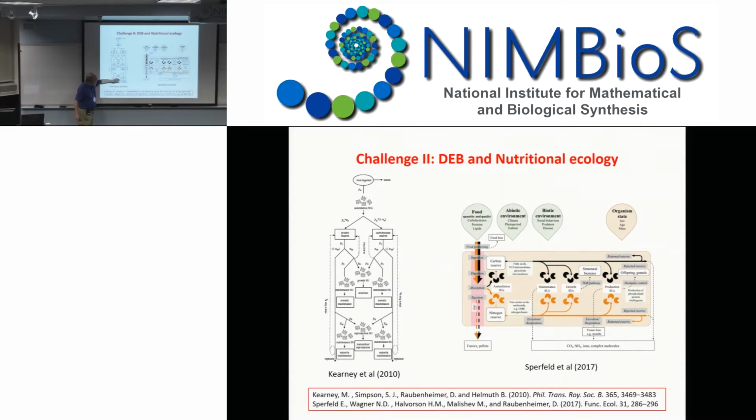It's fuzzy and I'm not worried about that, for I'm not expecting you to absorb detail. Just note that there are two types of reserve, there's a bunch of synthesizing units, and there are some organismal level endpoints. This model was rewritten in the Sperfield paper like that, and it shows the power and the seduction, as it were, in different ways of box and arrow diagrams.